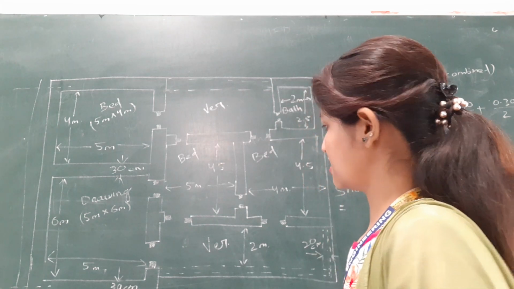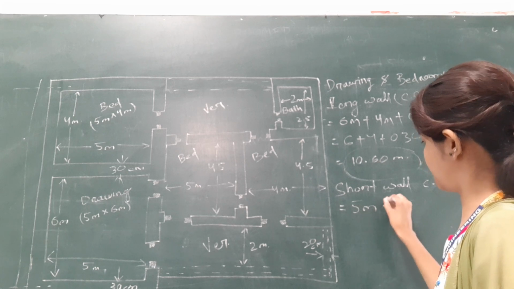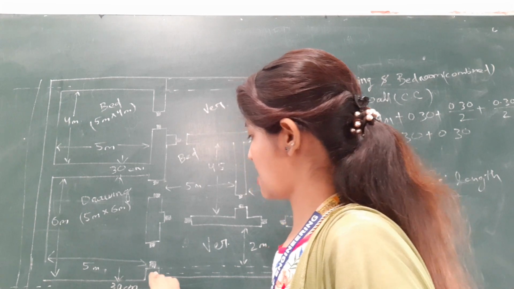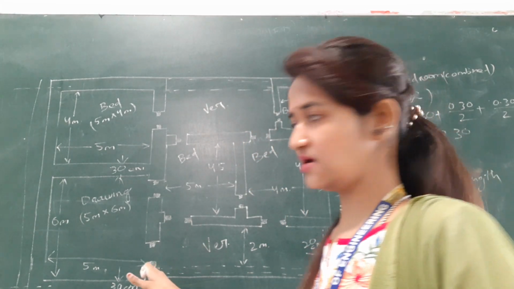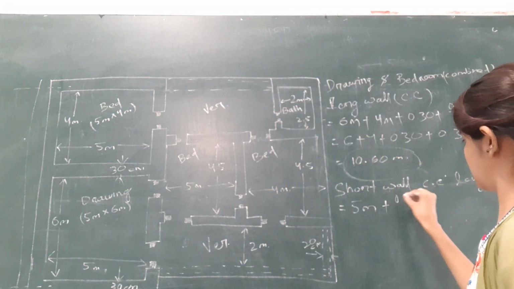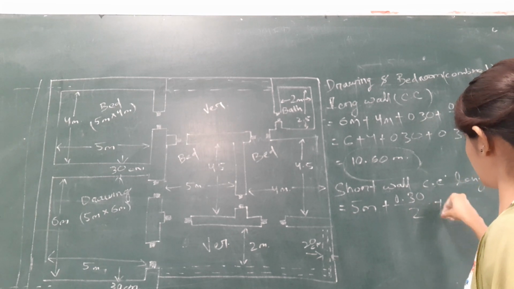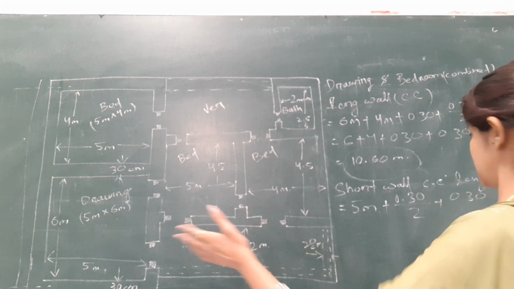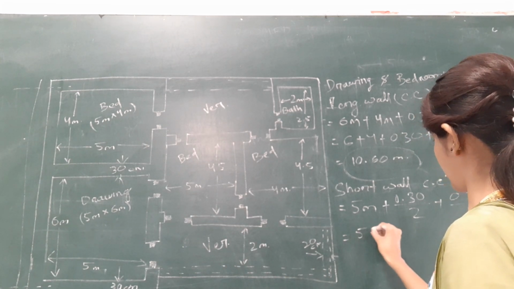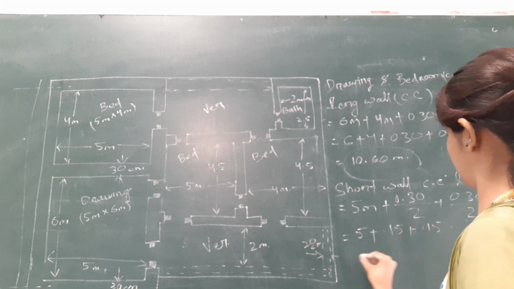So for the short wall we write 5 meter plus half of the breadth of one side and half of the breadth of the other side: 0.30 by 2 plus 0.30 by 2 equals 5 plus 0.15 plus 0.15.